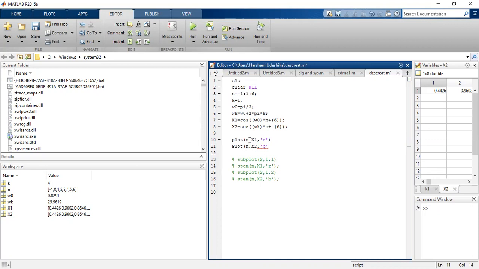Now I'm going to plot the continuous time signal, so we have to get very nearby values for this n. So I will take 0.01 increment.